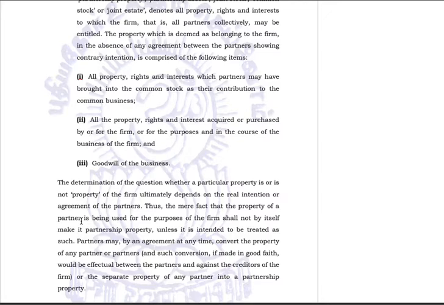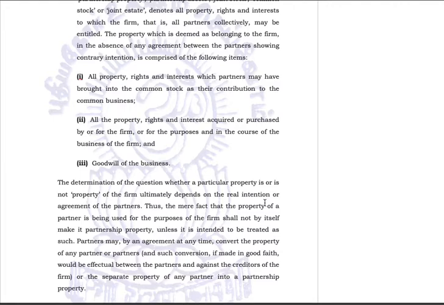As a concession, because I am also a partner, I allow the firm to use my commercial property for its business so that the firm is not bound to pay rent somewhere. It does not mean that this property will automatically become a firm's property. No, it is my own property, unless it is my intention to make it a firm's property.